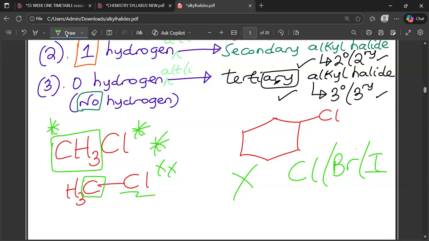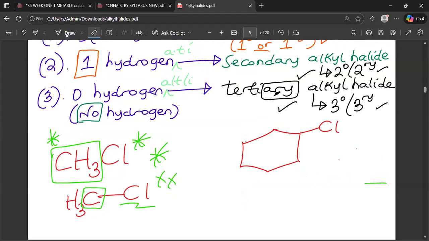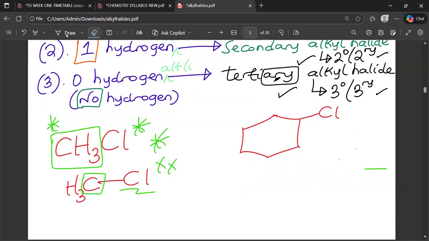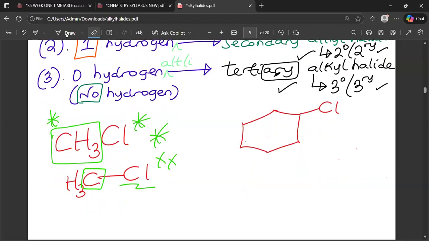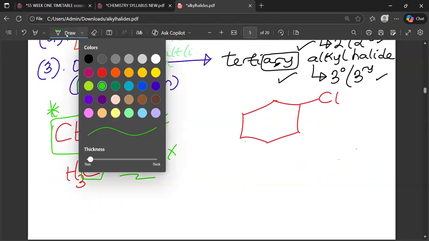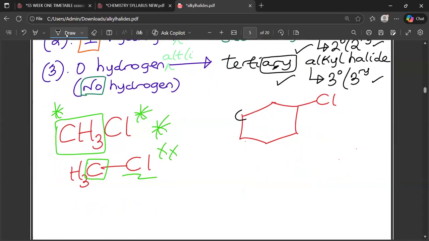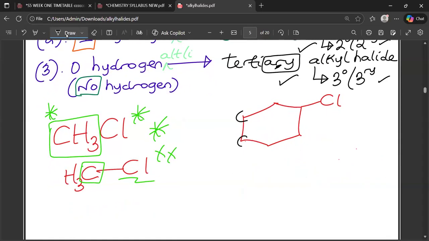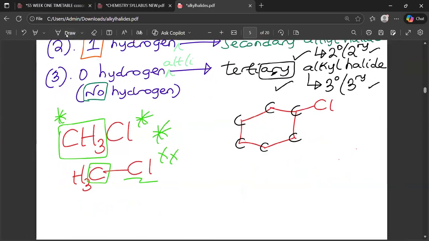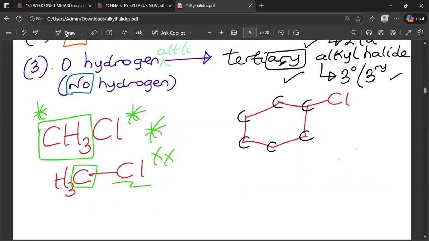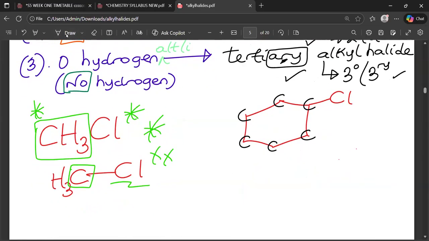That is one. Second, when I go to this second structure, I remember teaching you these alicyclic compounds in the introduction, and I told you that each of these corners is a carbon atom. Carbon atom here, here, here. And we all know that carbon atoms are very comfortable with 4 bonds.